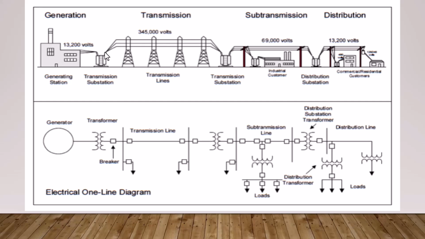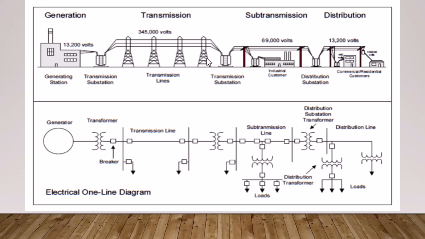In the next stage, the transmission. Now the power is at a much higher voltage, often around 345 kV, that is 345,000 volts, which makes it efficient to send across long distances through transmission lines.